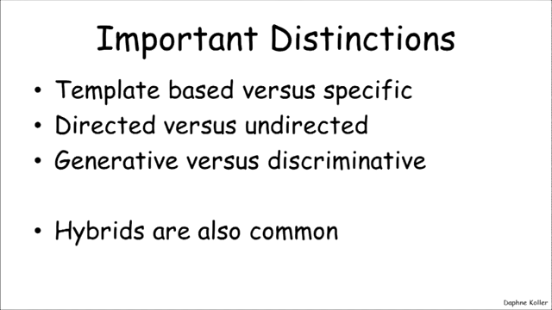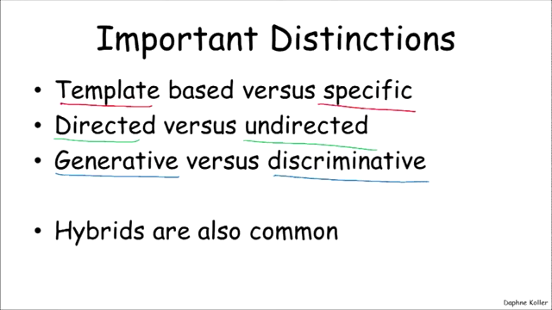The first is whether you have a template-based model versus a very specific model for a concrete fixed set of random variables, whether the model is directed or undirected, and whether it's generative versus discriminative. These are all terms that we've seen before, and we'll talk about them in just a moment.